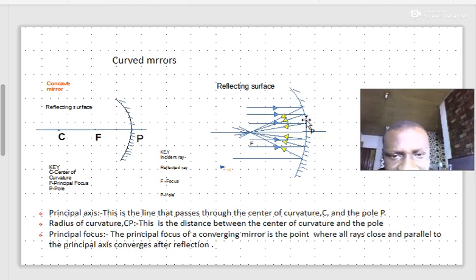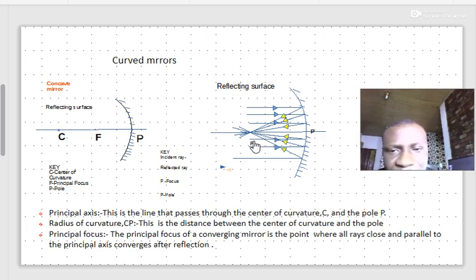So this is the mirror, repeated here. This is the pole, this is F. C is not shown here. But the rays of light after reflection must go through what? F. That means they must come to a focus. They must converge at the focal point. This is for the converging mirror.